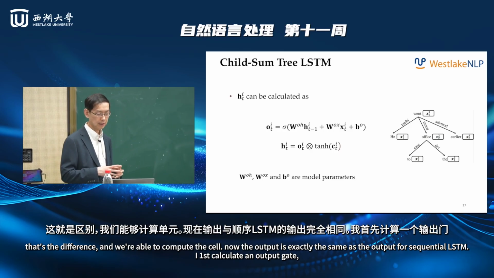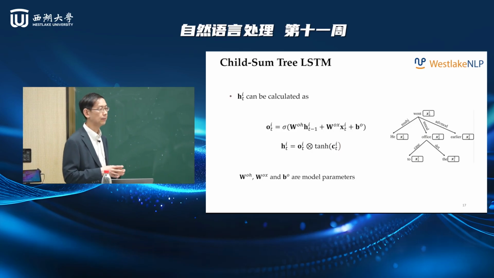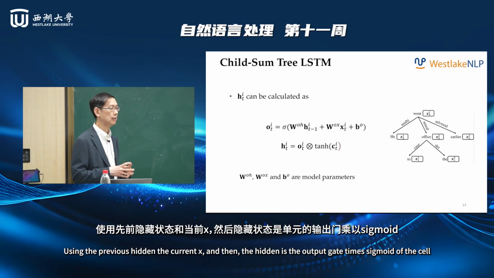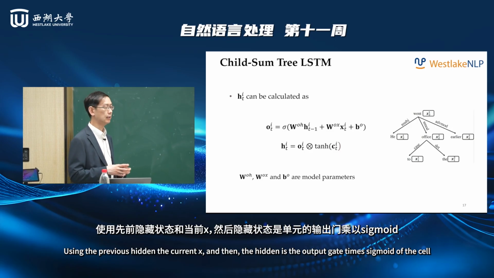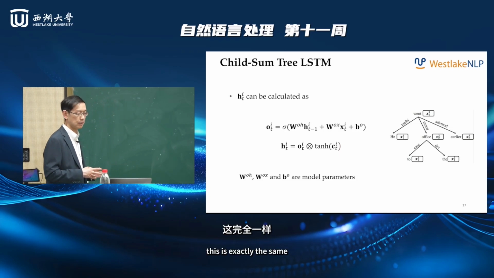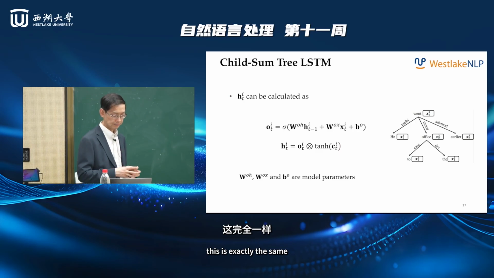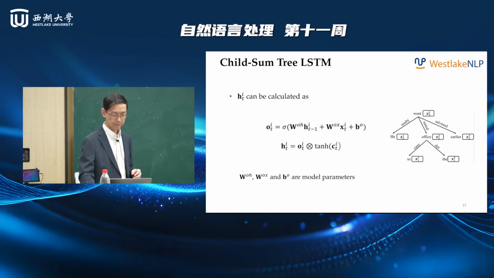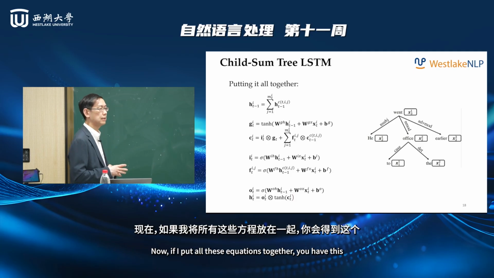I first calculate an output gate using the previous hidden and the current X, and then the hidden is the output gate times tanh of the cell. So this is exactly the same.